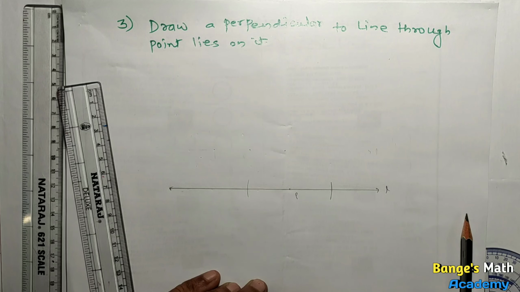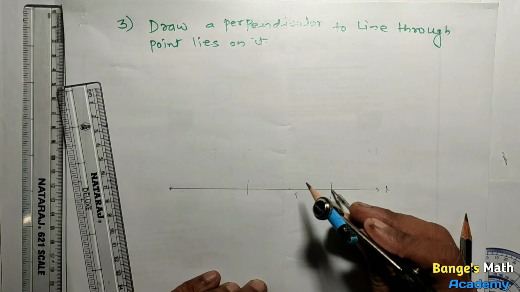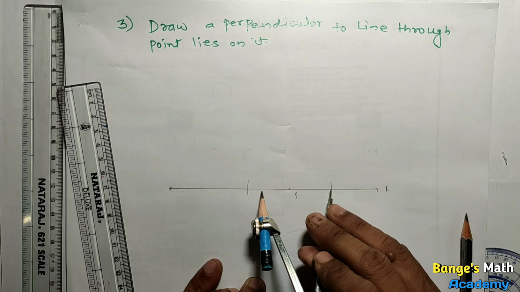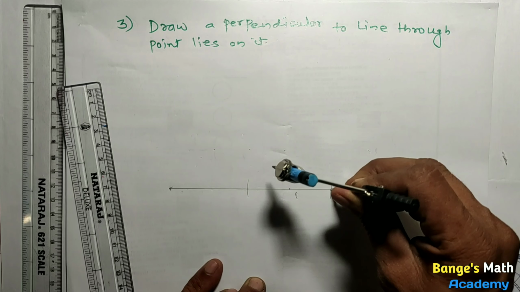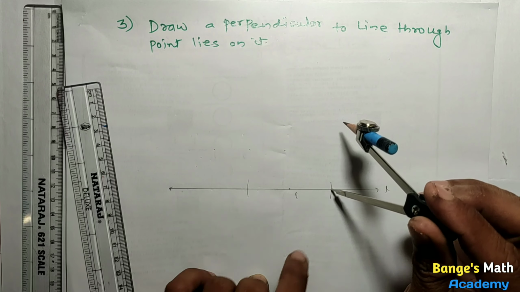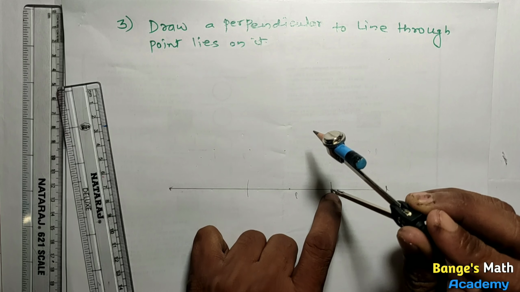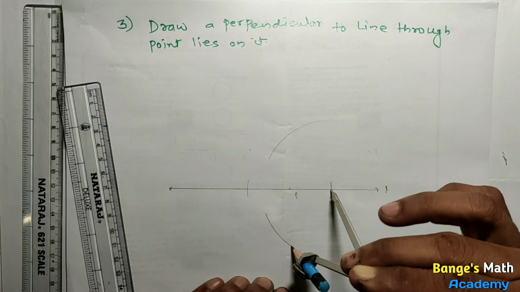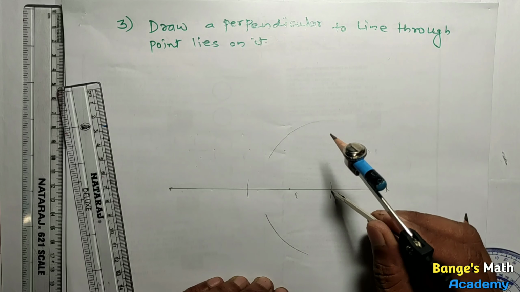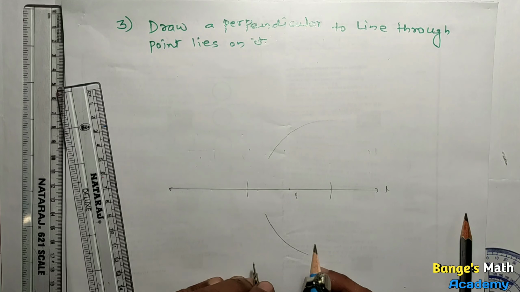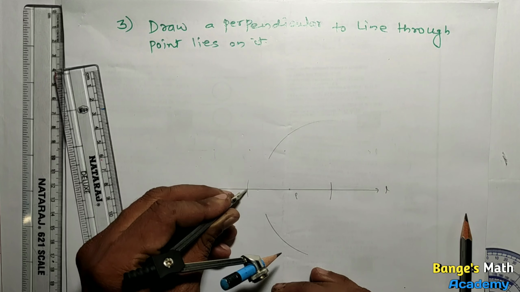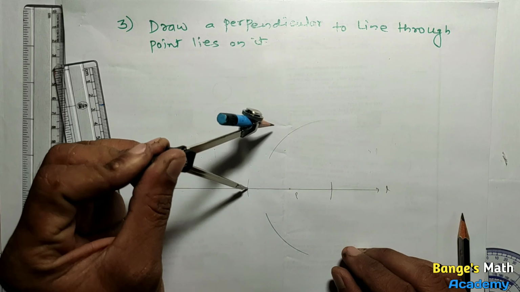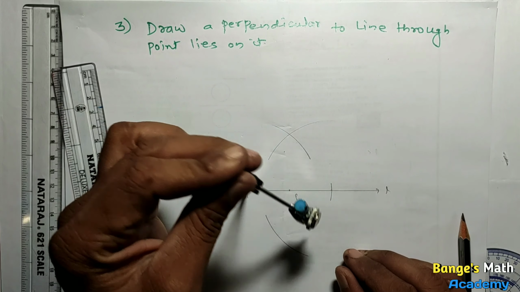Then take a distance more than half the distance between these two arcs and put the still point on one point of intersection of arc and line. Draw arcs to the upper side and to the lower side of line L. Keeping the distance the same, put the still point on the other point and draw an intersecting arc to the previous arc.